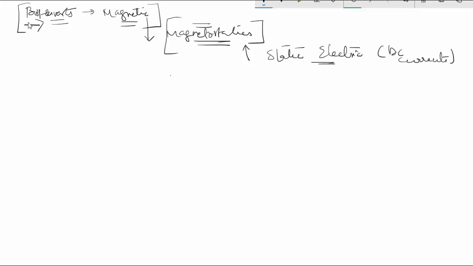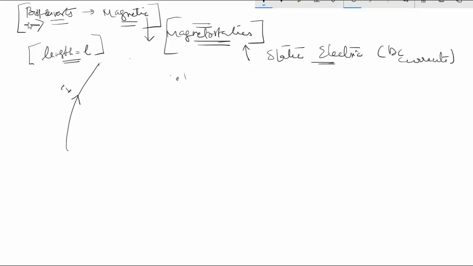Suppose there is a conductor through which a current I is passing, and the length of the conductor is L. This is obviously a closed circuit, as it might be connected somewhere to the battery, and through which the current is passing.